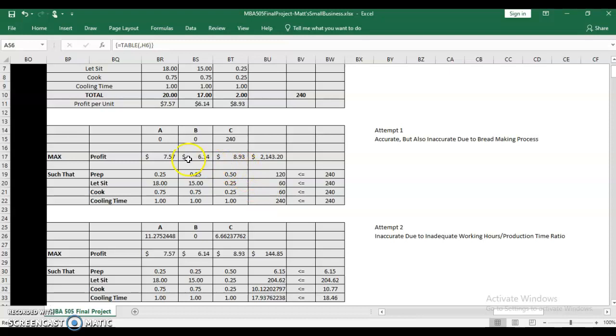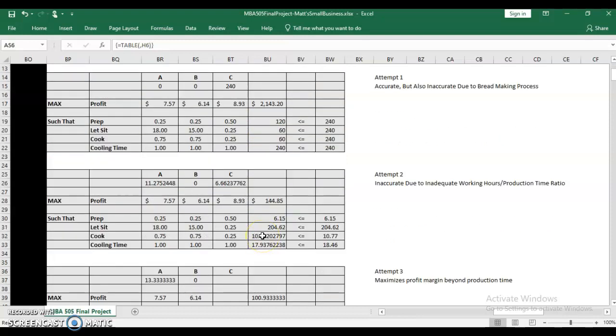Looking back at this, if this is my profit margin, pita bread, being that it doesn't have to rise, actually takes the lowest time to make. That, in essence, although inaccurate because of hours, is a correct idea from Solver: selecting the product that's going to give me the highest profit margin and the lowest time to make is going to maximize my profit.